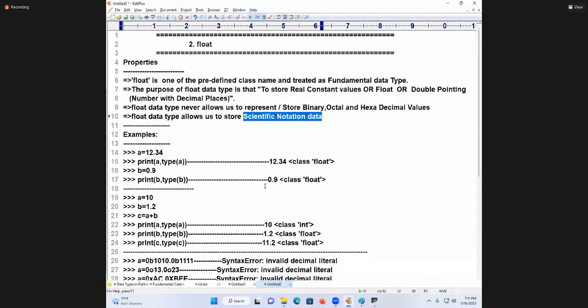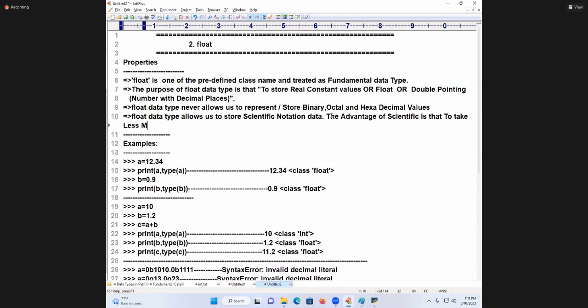I'll go to my place, my dear students. The advantage of the float data type allows us to store scientific notation. I will write the continuation: the advantage of scientific notation is that it takes less memory space for bigger floating point values.